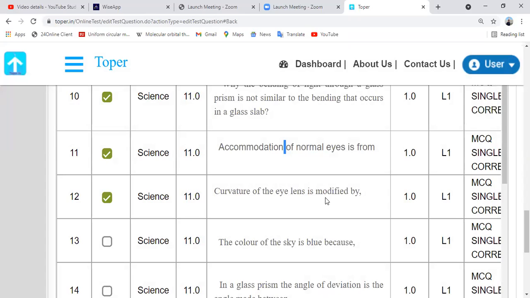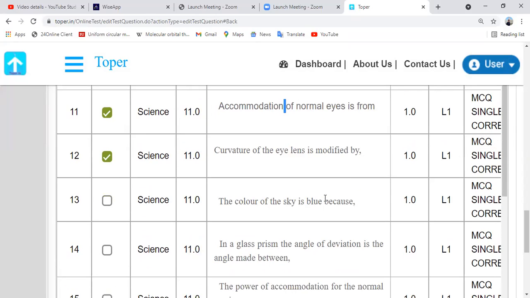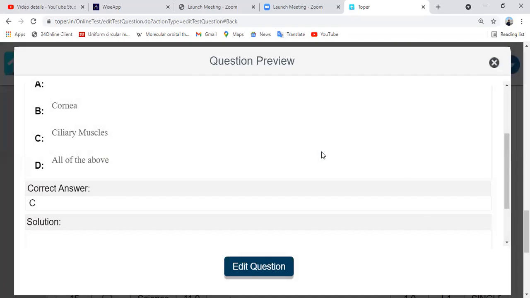The curvature of the eye lens is modified by using the lens. Oh yes, it is the lens.